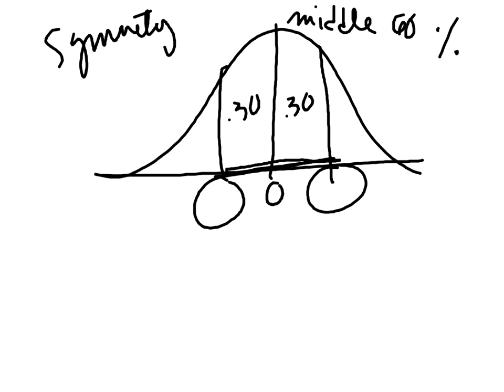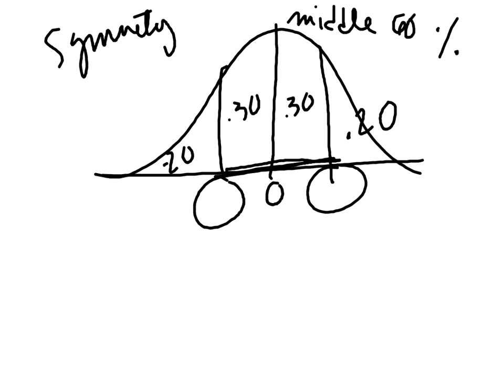Okay, so there's some other things we can put on here that we know already. We know that 50% of the area of the graph is above the mean, and 50% of the area of the graph is below the mean. That's where they got the 0.20s there.